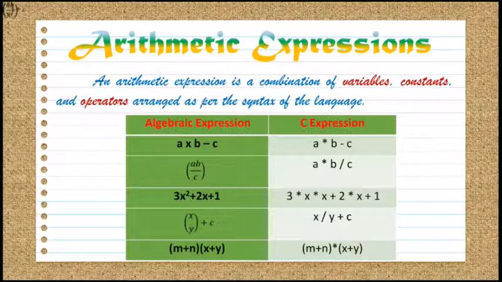as A star B minus C. Second example, AB divided by C, and in C we write the same equation as A into B divided by C. The third expression, which we write in mathematical way, is 3x square plus 2x plus 1.